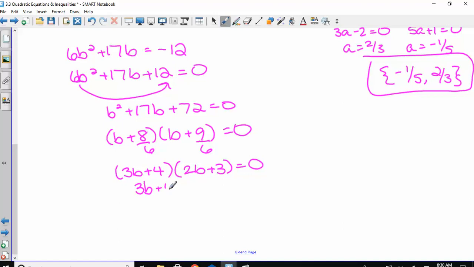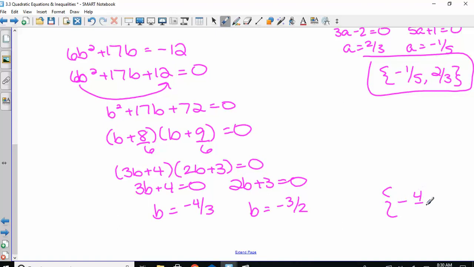So set those to 0. We get negative 4/3 and negative 3/2. I got 2/3. I definitely just flipped it. Are we okay with that?